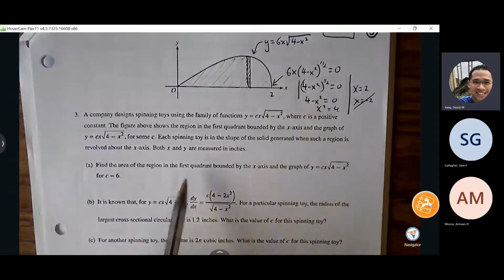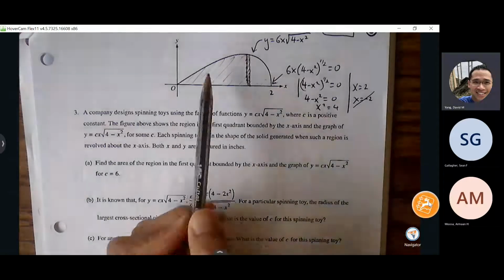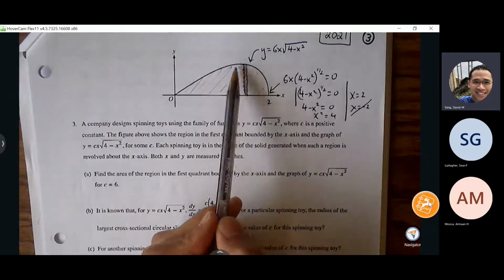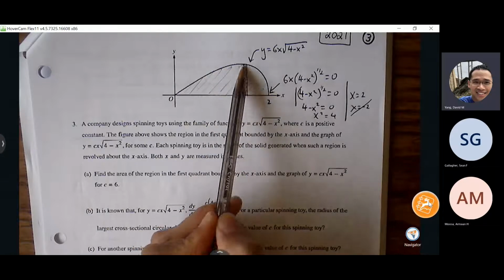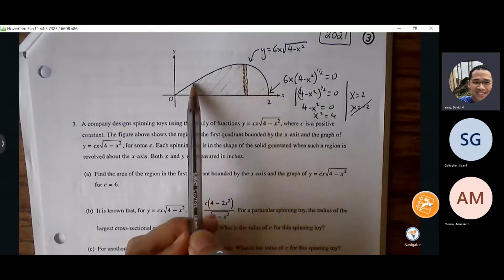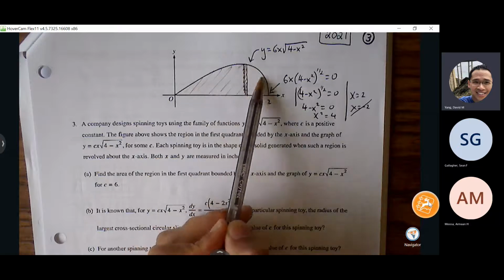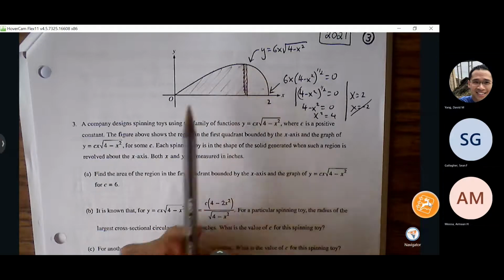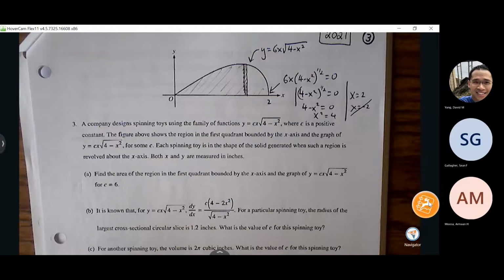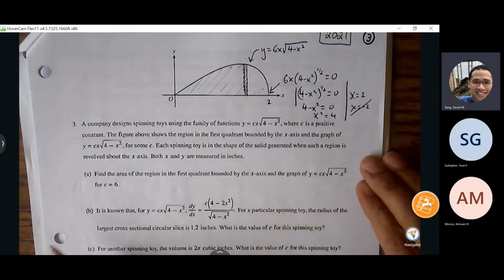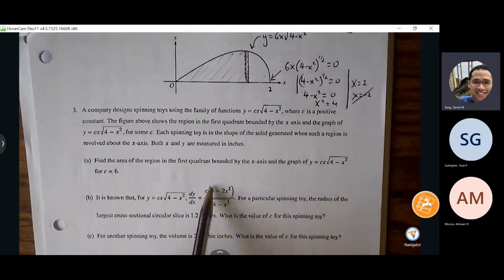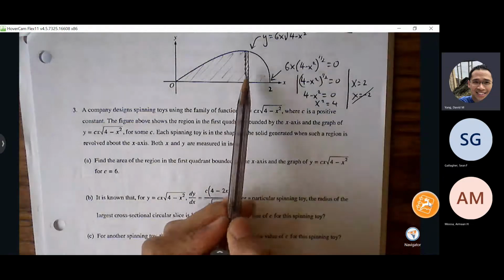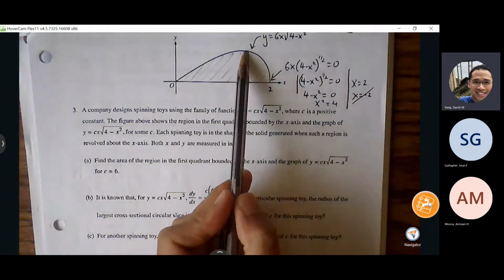Now the maximum radius, what is that relation to the derivative of this function? The maximum radius is going to occur when the derivative of this curve is equal to 0. So that's the connection that we have to be able to make. How do we get this derivative function in relation to what I want to achieve?